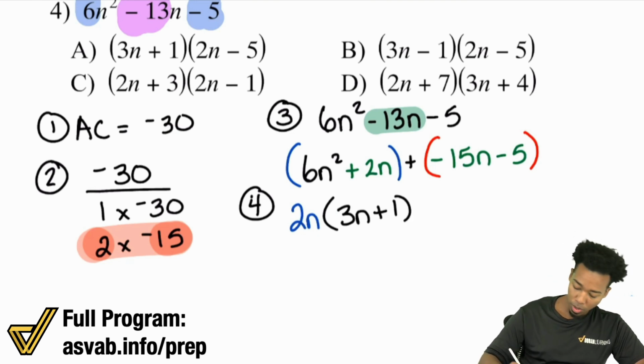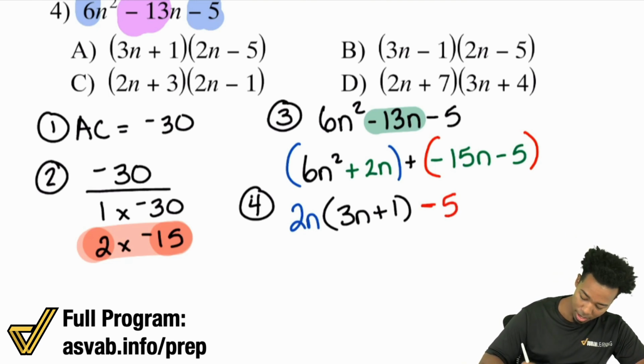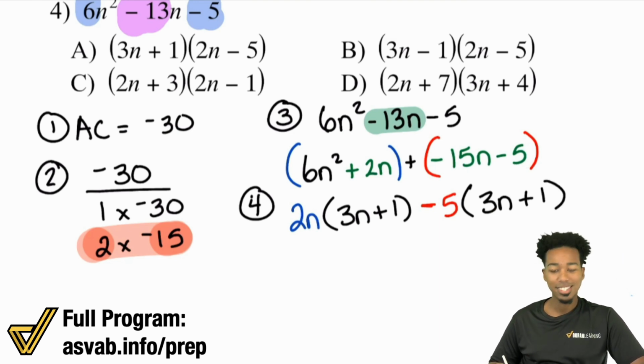From there, we're going to go ahead and take care of this over here. They're both negative, but we have a negative leading, so I'm going to pull out a negative, so minus 5, since 15 and 5 both have 5 in common. And then that's it. So negative 15n divided by negative 5 is a positive 3n. Negative 5 divided by negative 5 is a positive 1. Boom, that's it. We're good.